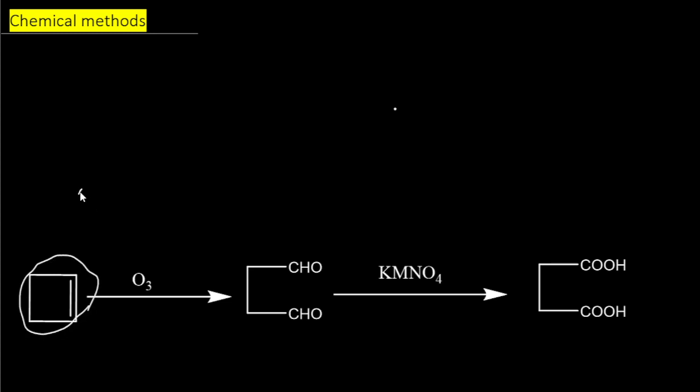So we have received a product, like we conducted a reaction in the laboratory and we got a cyclobutene, but we don't know that this is a cyclobutene, because this is a reaction given, but in the laboratory when we made a product we don't know about its structure. So we got the product, then we reacted it with ozone. When we reacted with ozone, a dialdehyde is formed.